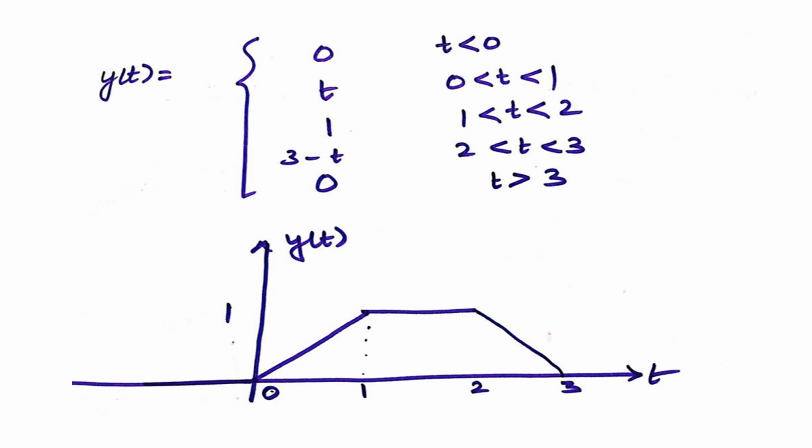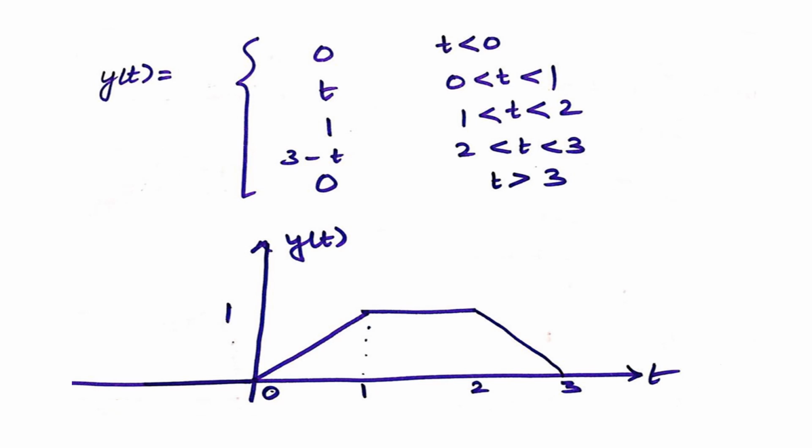Both the pulses are of width 1, defined for 0 less than or equal to t less than or equal to 1 and 0 elsewhere. I want all of you to sketch y of t and comment on the result. This is the question to be done after this lecture.